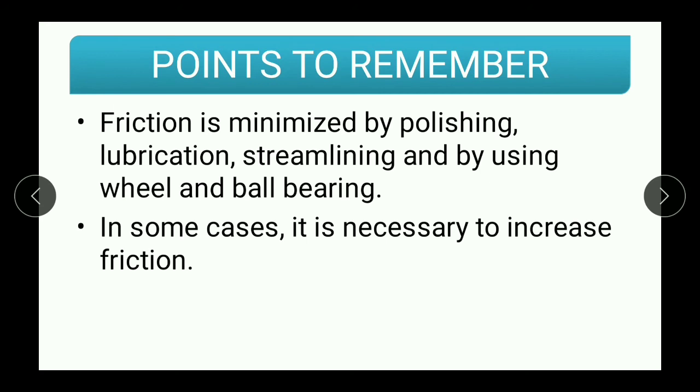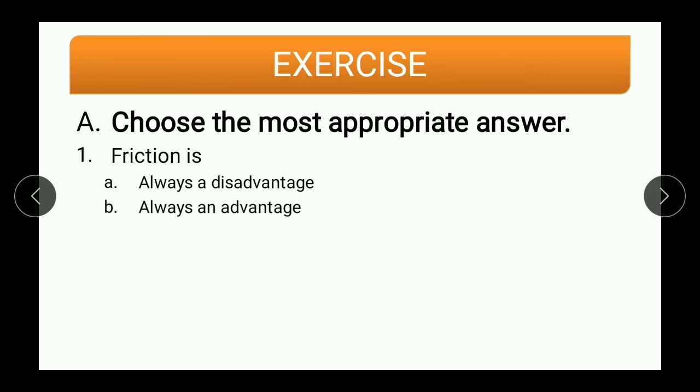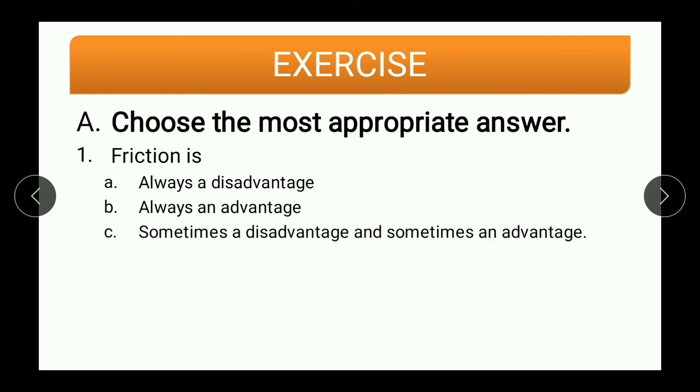Now let us try out few objective type of questions, or you can call it as MCQs from the lesson. So the first question, this is of course a textual question. Friction is, options are always a disadvantage, always an advantage, sometimes disadvantage, sometimes advantage, neither disadvantage nor advantage.